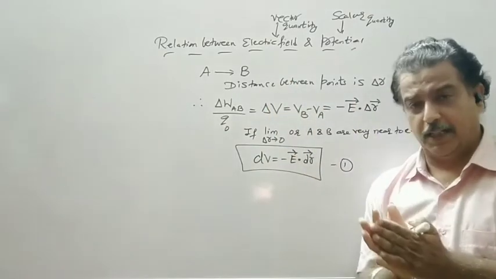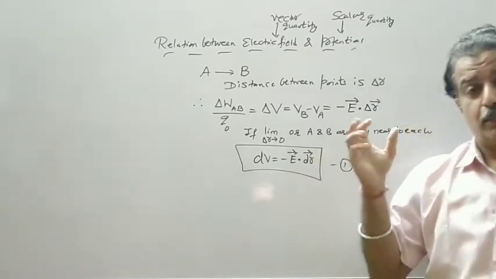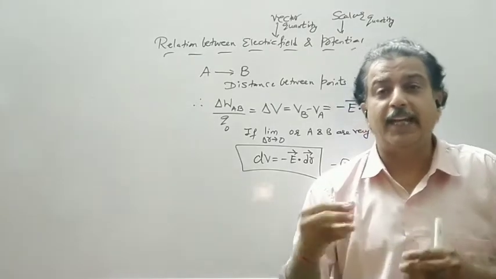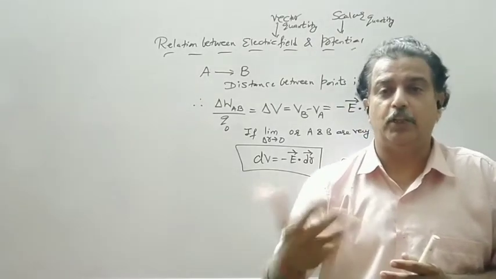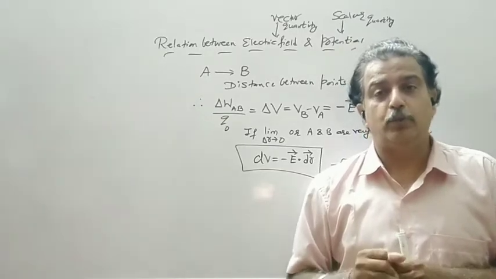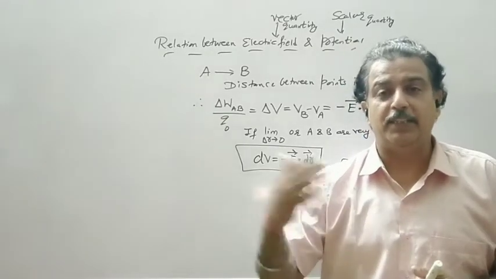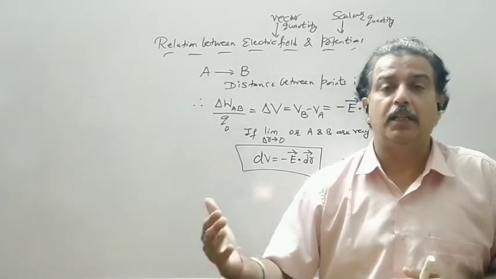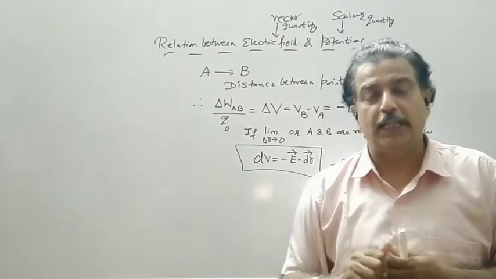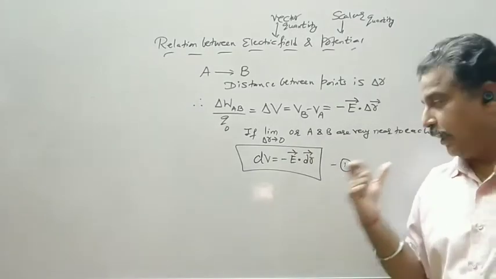For the general case, it is not necessary that I will always move a unit positive charge making an angle 0 degree, 180 degree or 90 degree. I may move a unit positive charge in the field making an angle theta, meaning my displacement makes an angle theta with the electric field or opposite to it. So in that situation, how do we find the relation?